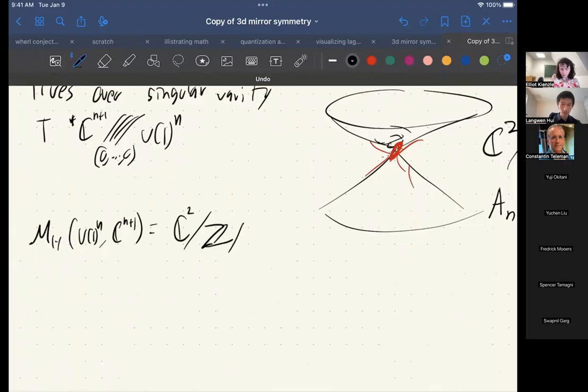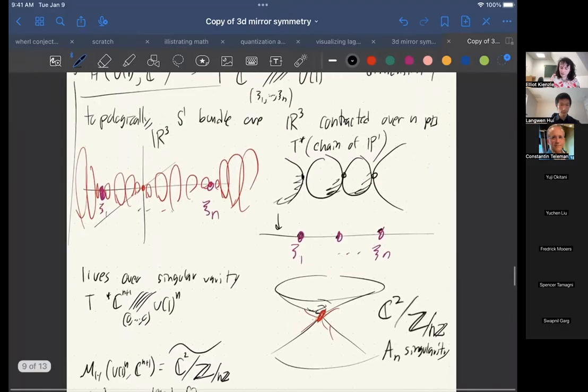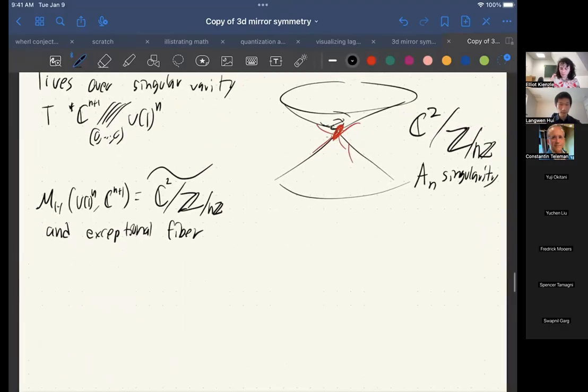Let's write this properly. So we're resolving this singularity, and the exceptional fiber is exactly this chain of spheres up here.